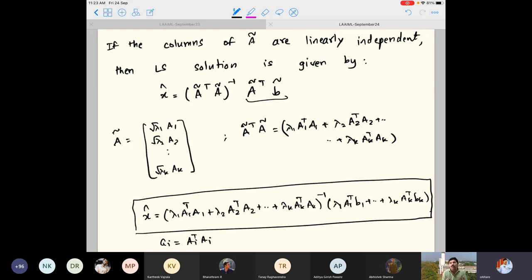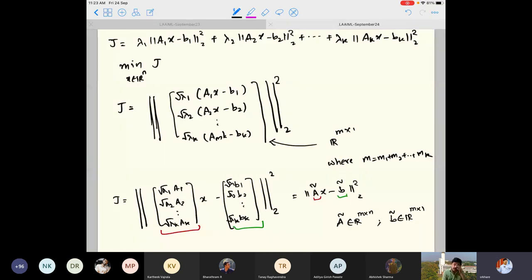So this looks very similar, closely related to what we were doing. Simultaneously, several least squares objective functions have to be minimized with respect to that common x. So you need a common solution to all the problems, and when you want a common solution, you have to have these types of things.